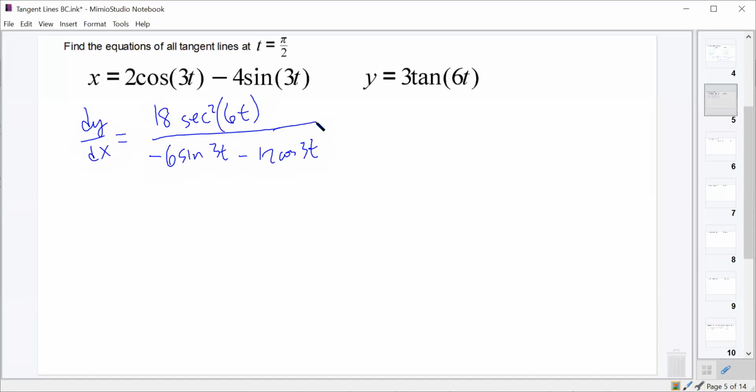Everybody agree with that? All right, great. And we could simplify that all out with the 18, the 6, and the 12 if we wanted. 3 secant squared 6t over negative sine 3t minus 2 cosine 3t. And what do we end up with if we evaluate that at t equals pi/2?